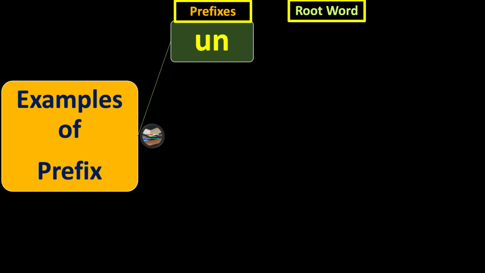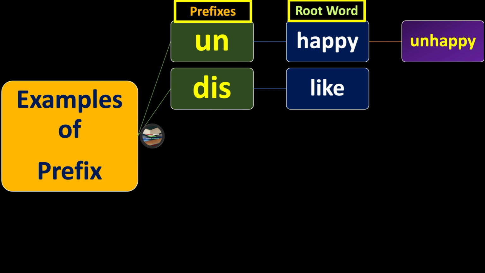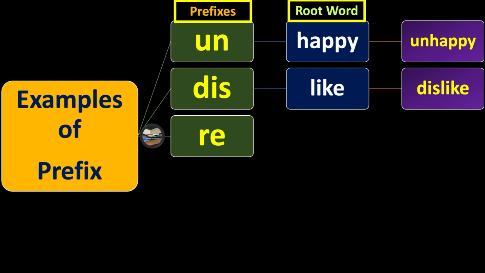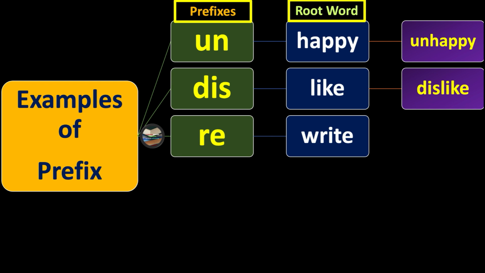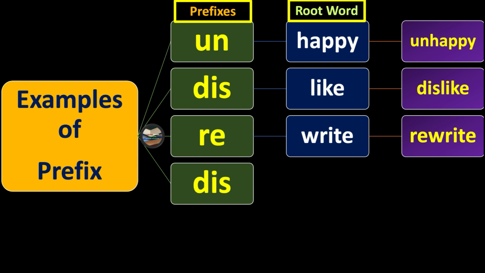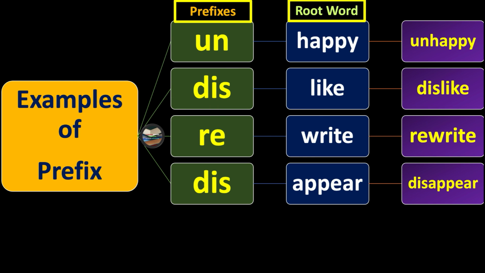We have prefix un, the root word happy, and then we have a new word unhappy. Likewise, we have dis and like, and then we have a new word dislike. We have another set of letters re and write, and then we have a new word rewrite. Then we have dis again, and we have appear, and then we have another word disappear.